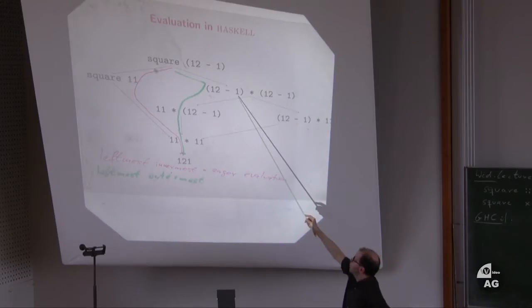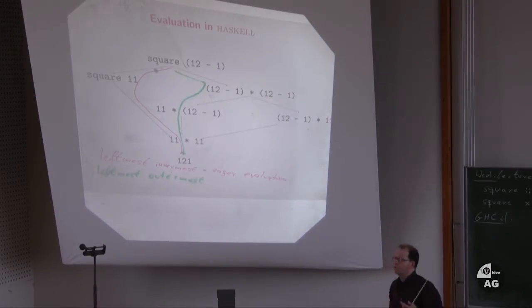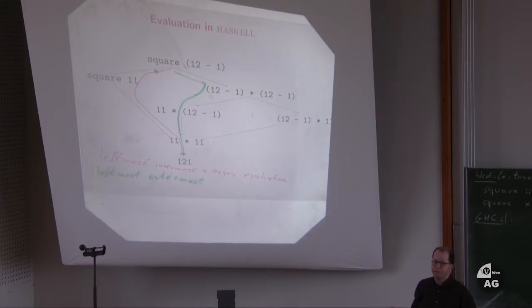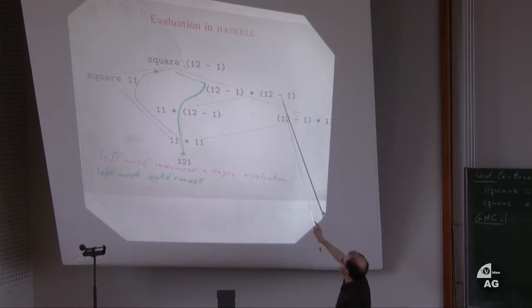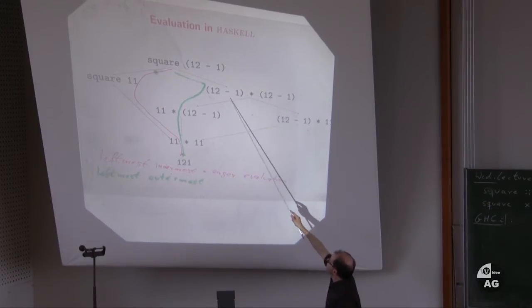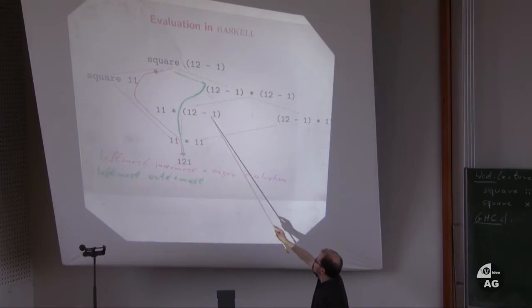Now, how would we proceed further? There are three operations here, minus, times, and minus. Now, the times we cannot evaluate because times only works if both arguments are already numbers, really numbers that are completely evaluated. But we could evaluate this minus, and we could evaluate this minus. So if we evaluate this minus, then this sub-expression becomes 11. So we have 11 times 12 minus 1.